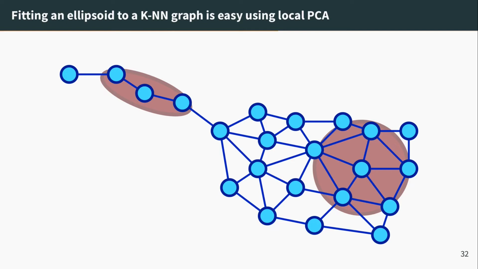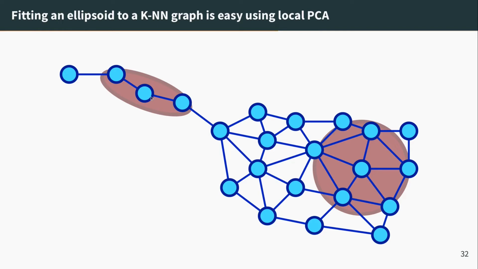That's because if you have a graph with coordinates, like if your points have x, y coordinates, then it's very easy to fit locally an ellipsoid to your data set. How do you do that? Okay, so first you have your point cloud, then you compute your k nearest neighbors graph, or your radius ball graph. So you say that, okay, this point is connected to this one, this point connected to those two, this point connected to those 5 other ones.